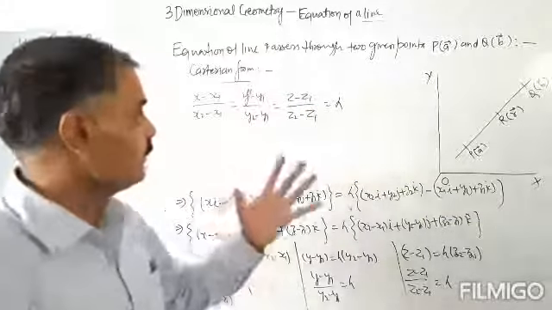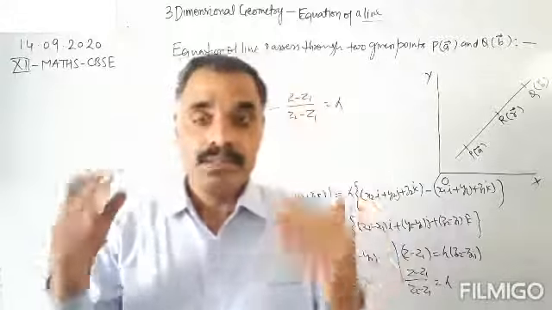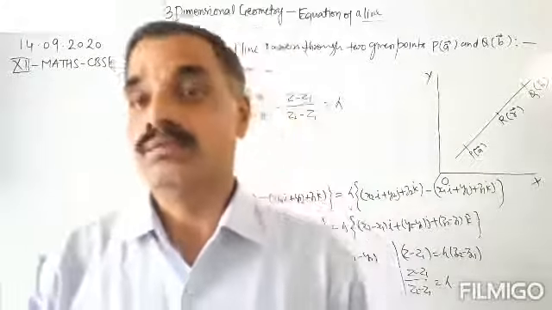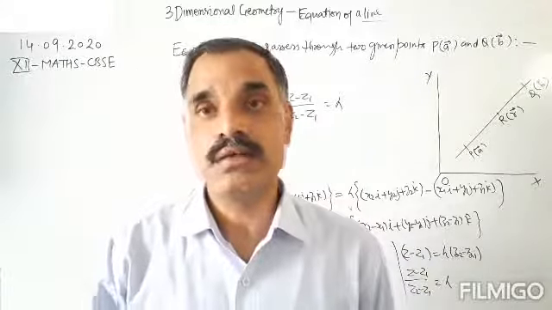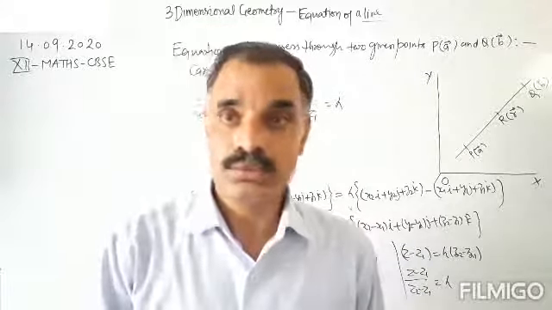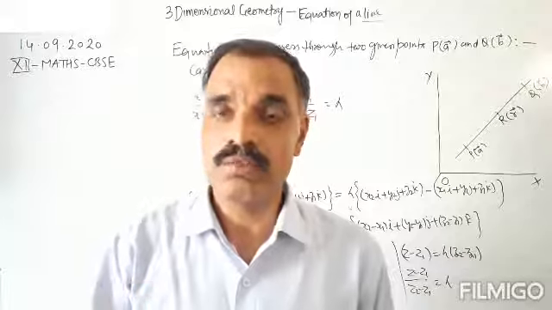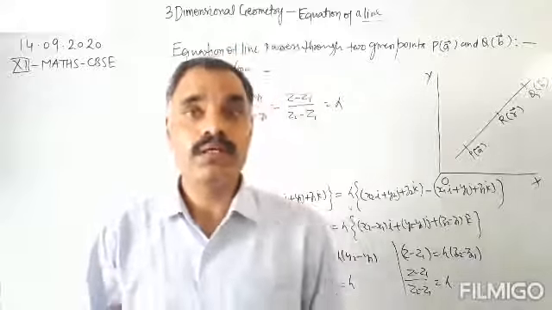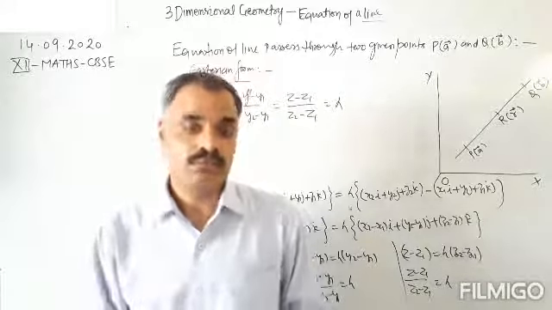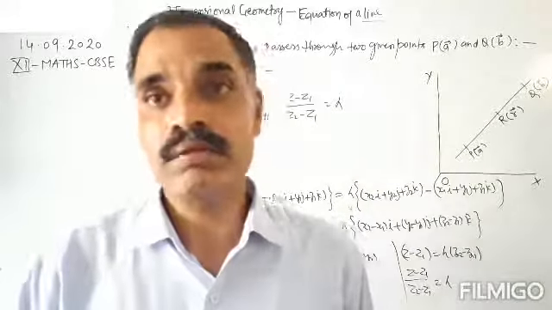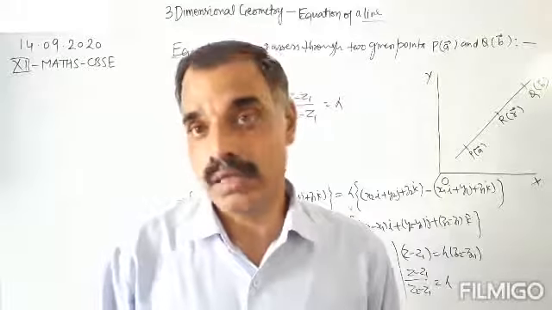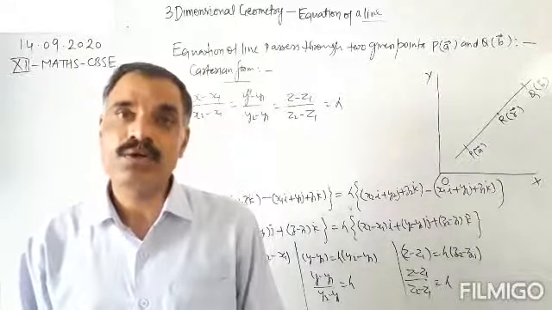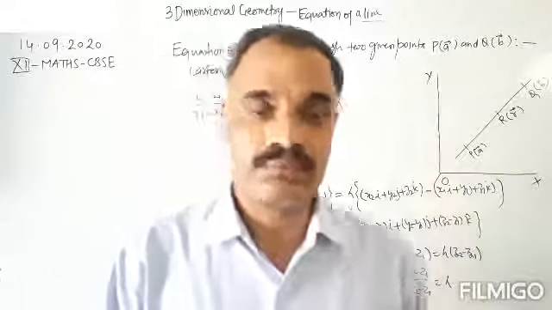This is the equation of a line passing through 2 points in Cartesian form. The 2 points are x1 y1 z1 and x2 y2 z2. x y z are the coordinates of the general point. In this way we can find the equation of a line passing through 2 points, either in vector form or in Cartesian form.